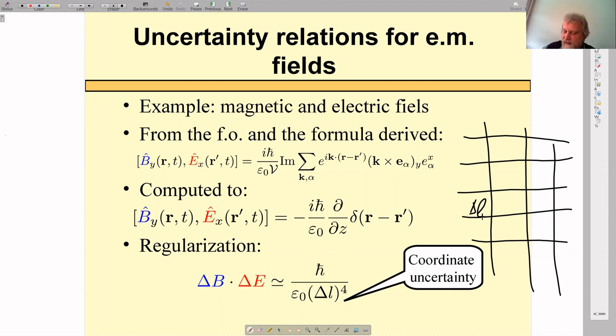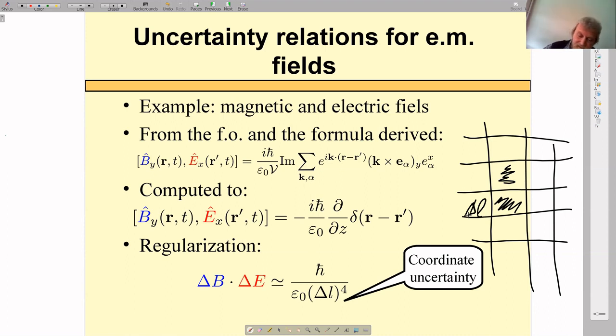And in each cell, we average over the magnetic field and over the electric field. Thereby, we exclude fluctuations of the fields with very short wavelengths, shorter than this delta L. Good.